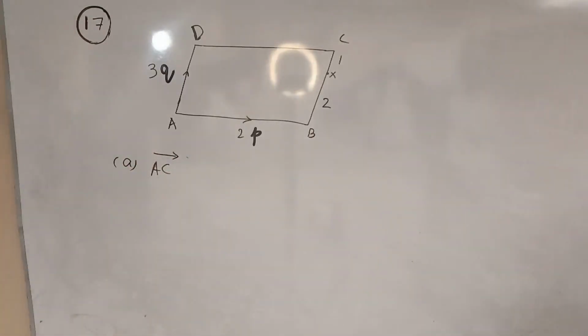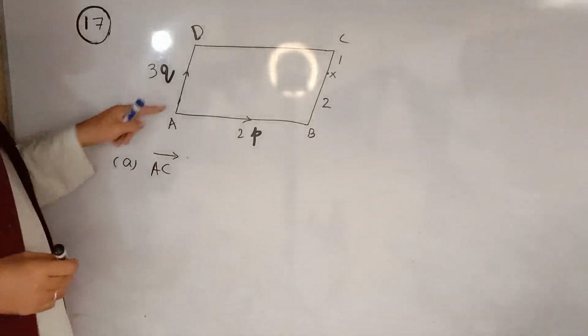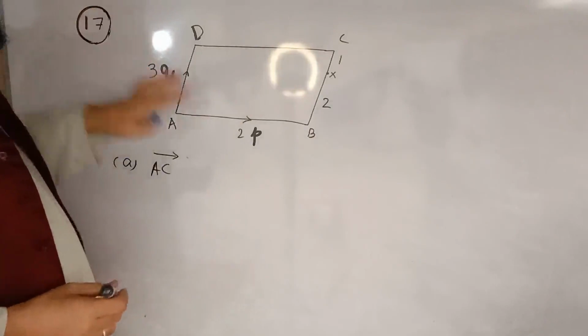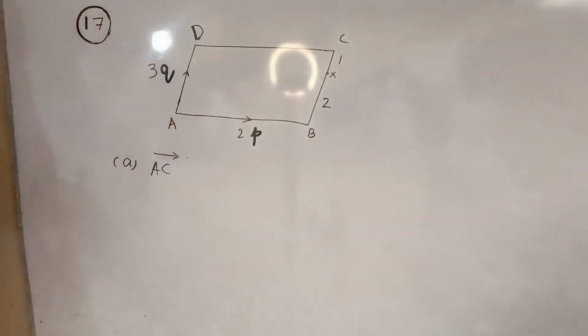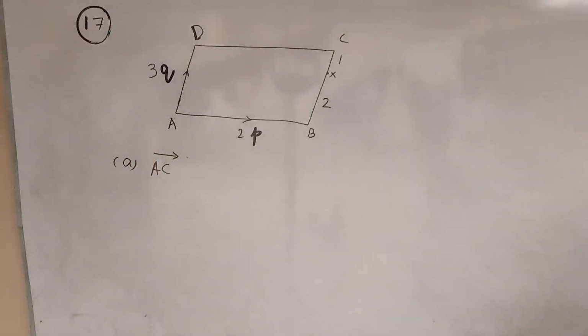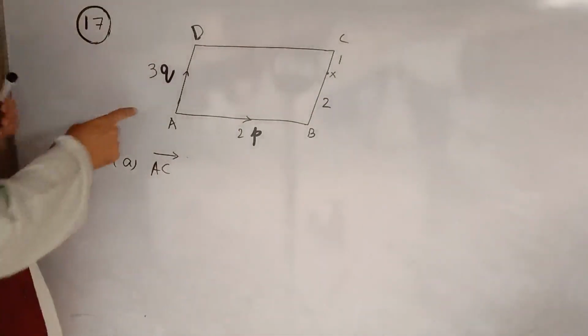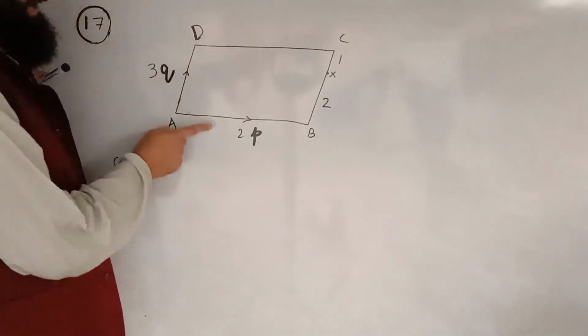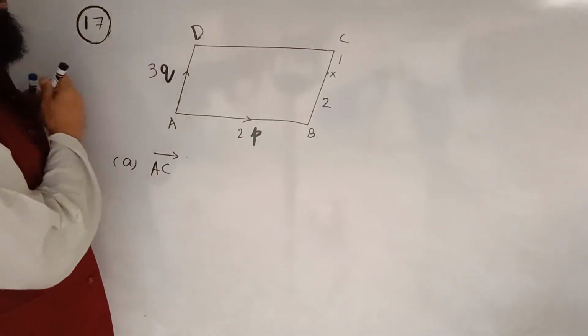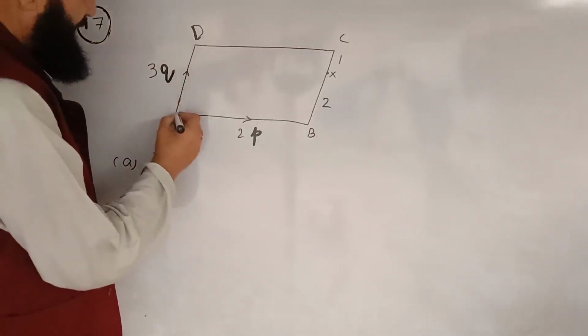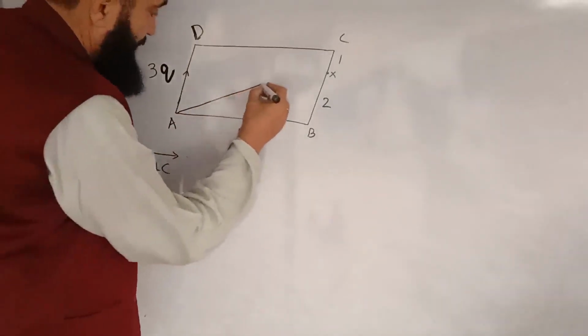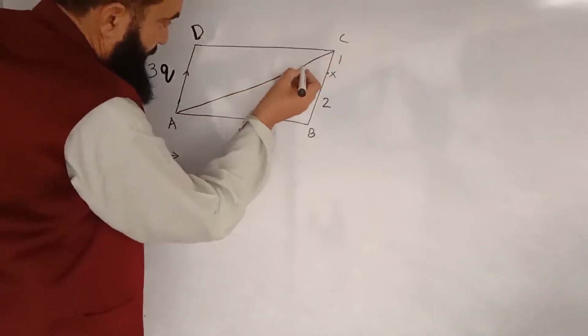By the head to tail rule or parallelogram law of vector addition, AC is the diagonal. If two sides of a parallelogram represent two vectors, then the included diagonal will be the sum of these two vectors. So AC is the included diagonal of these two vectors.